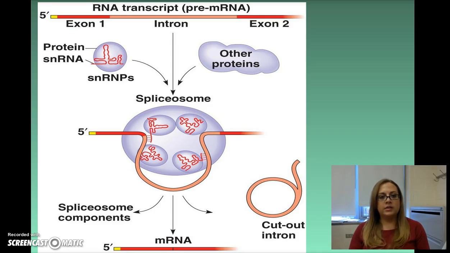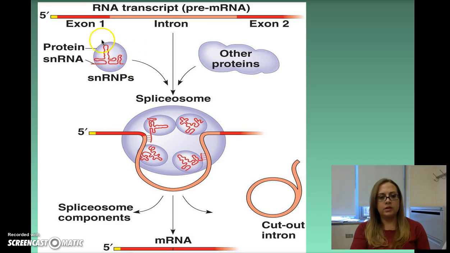So here is kind of what we're talking about. We have this pre-mRNA transcript again, so we're kind of zoomed in. So you can see we've got a 5' cap, one exon, an intron, and then a second exon. So now we need to find a way to cut out this intron, but then also attach exon 1 to exon 2. And so what we have here is a protein.